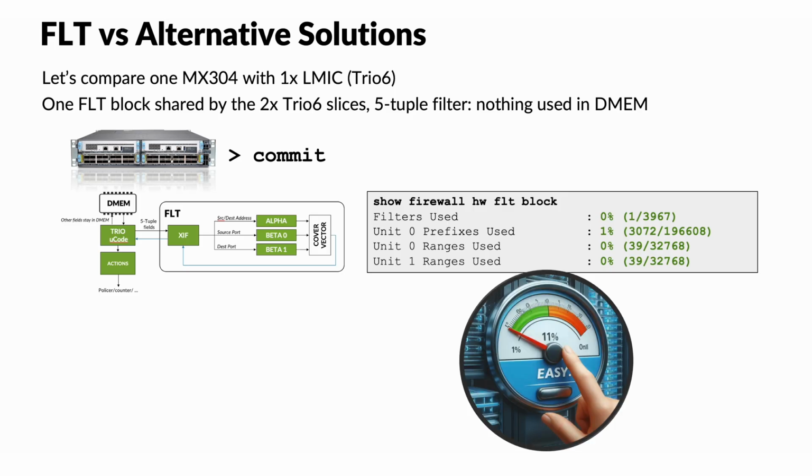Thanks to our secret sauce, we are using only 1% of the alpha block and almost nothing in beta. This is just one simple example where Juniper clearly stands out as the best solution. And there are many other use cases where this advantage becomes even more evident.